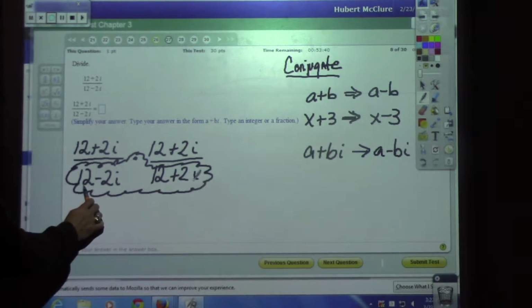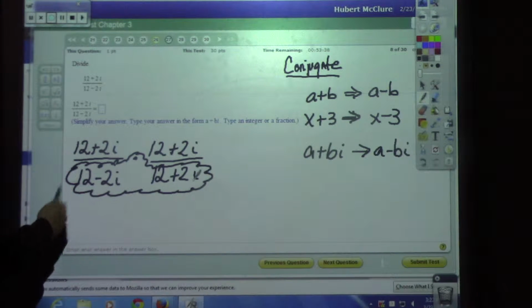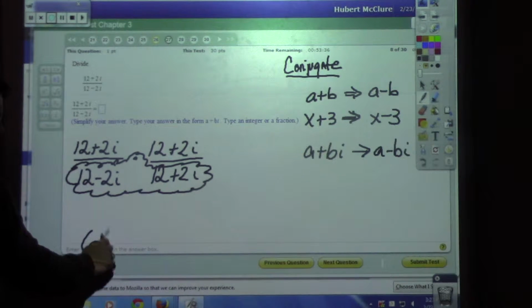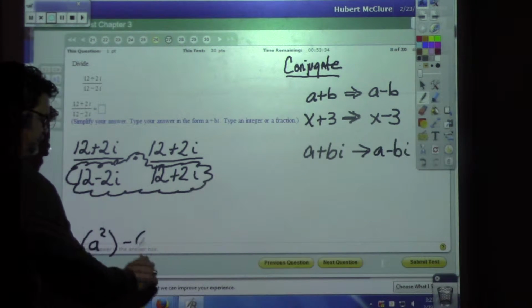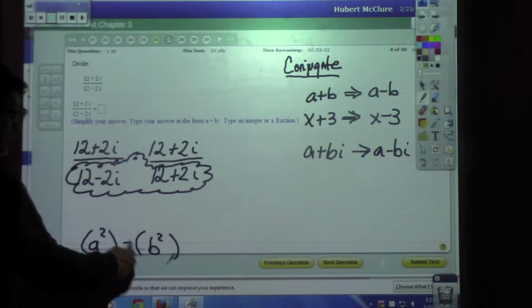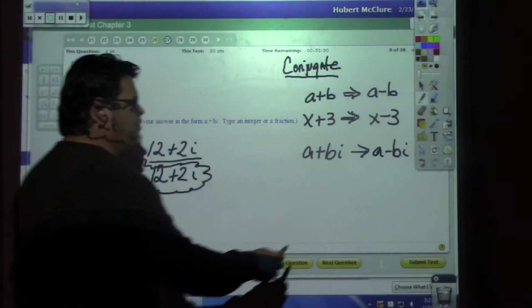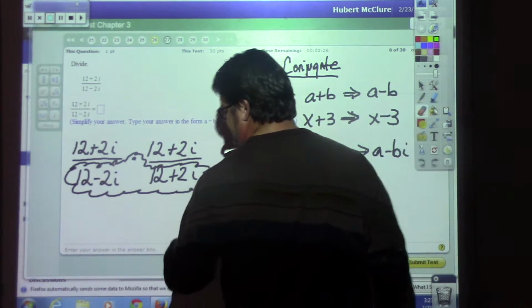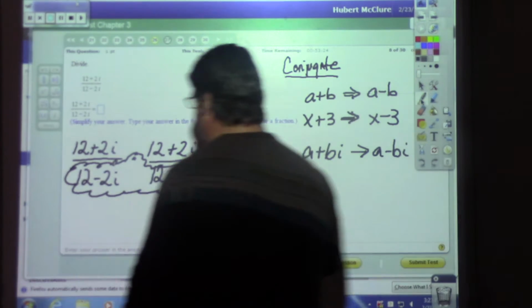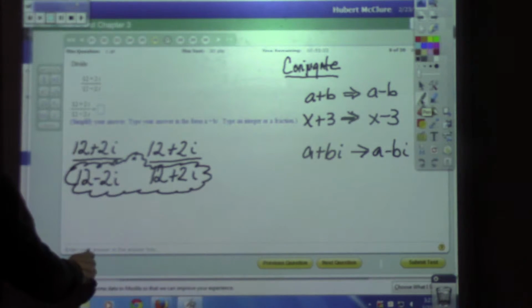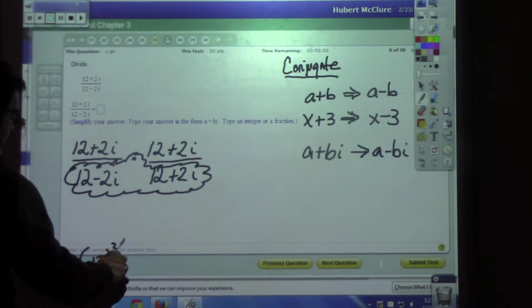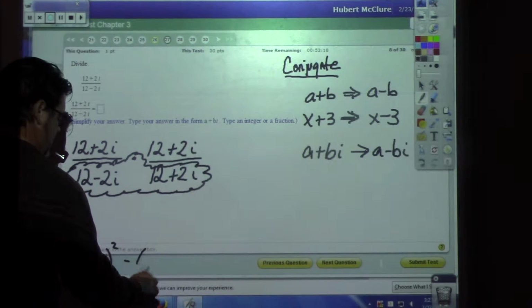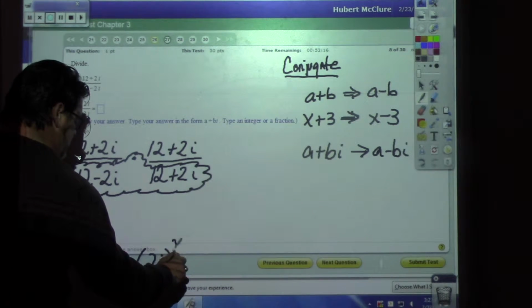a plus b times a minus b is equal to a squared minus b squared. So you take a out and b out, and you put your numbers in there. So a is 12, so that'd be 12 squared minus 2i squared.